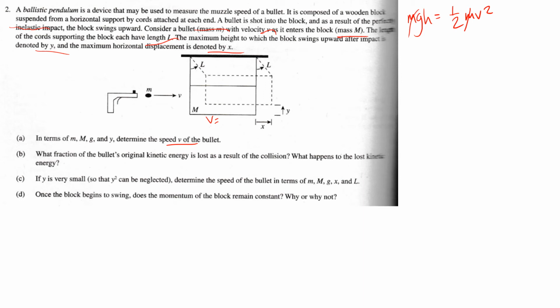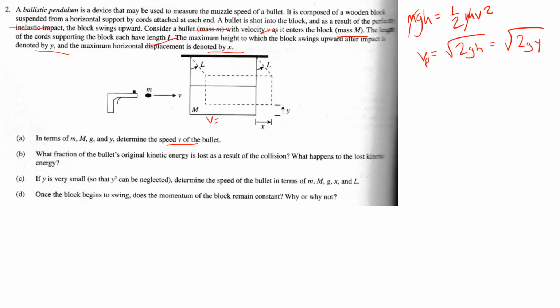So v of the pendulum, we'll say P for pendulum because B is for bullet, is going to equal the square root of 2gh. Now, of course, the pendulum is really going up by y, so we'll throw in the y there: square root of 2gy.